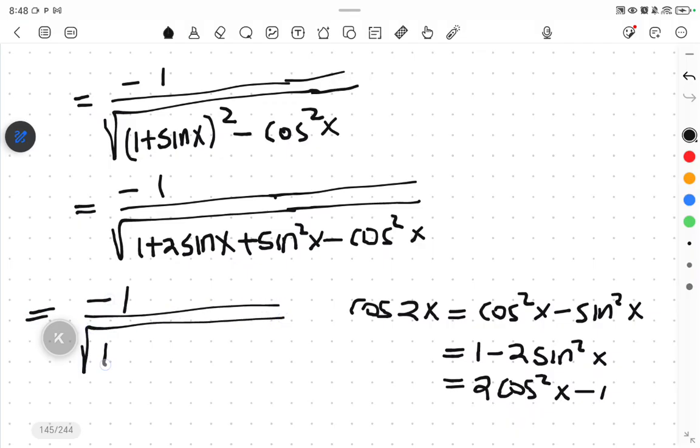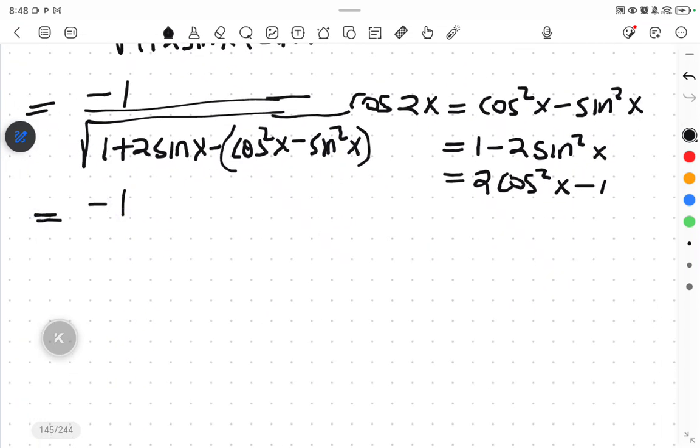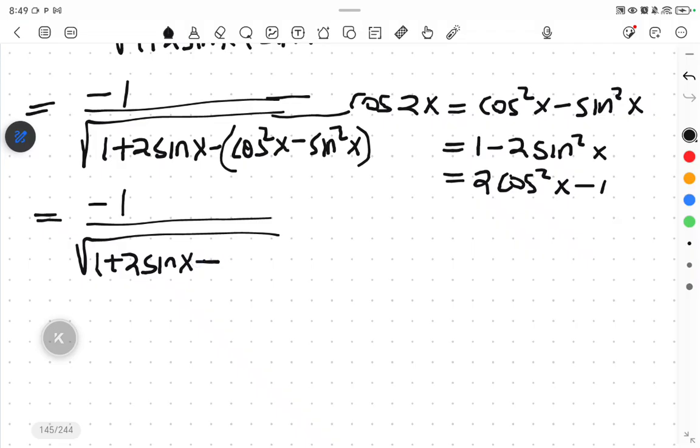We have 1 plus 2 sine x minus cos squared x minus sine squared x. You see, right? And this will be equal to minus 1 over the root of 1 plus 2 sine x minus that one, cos squared x minus that will give us cos 2x. You see, right?